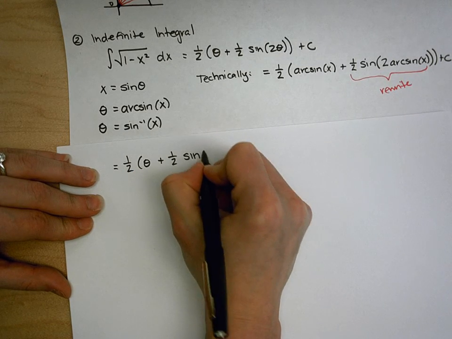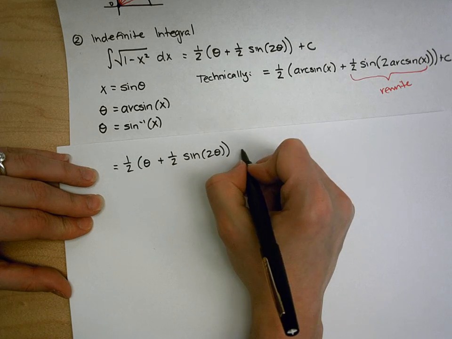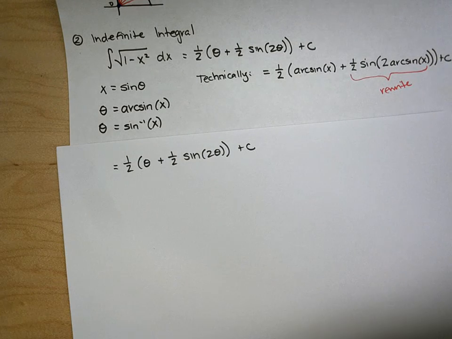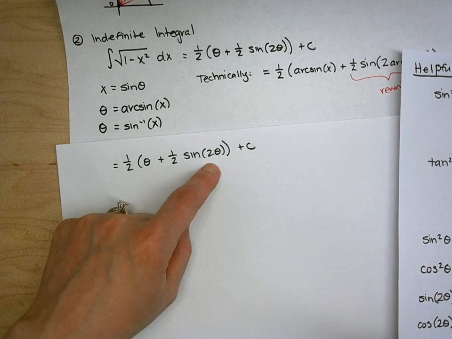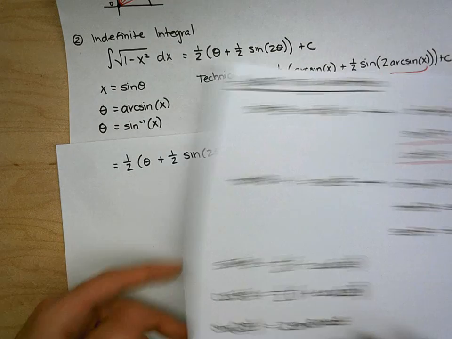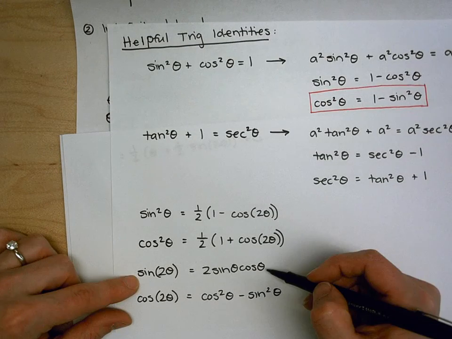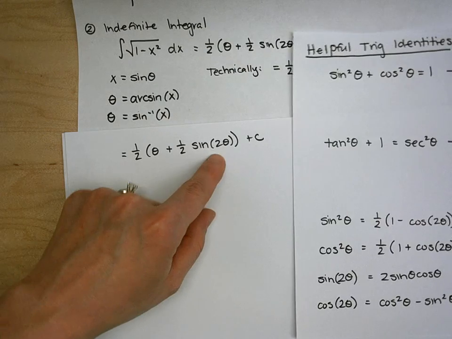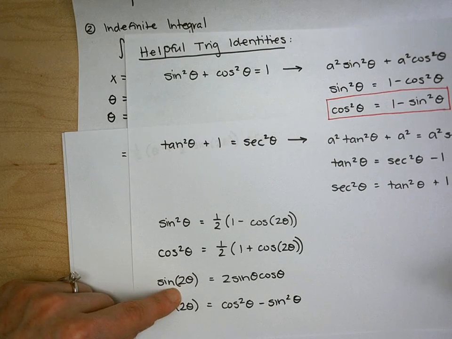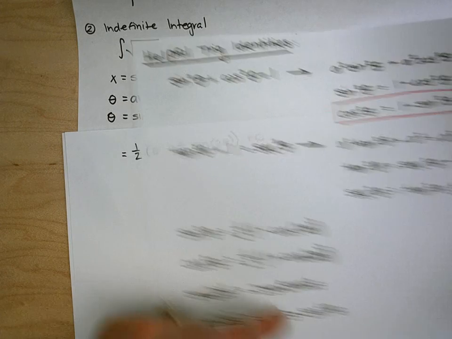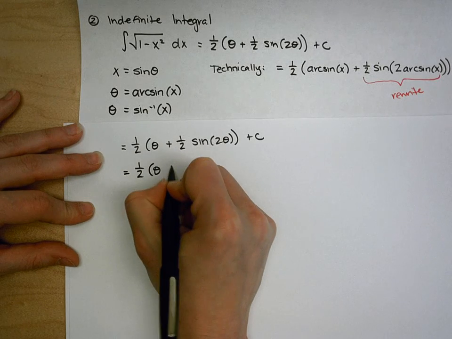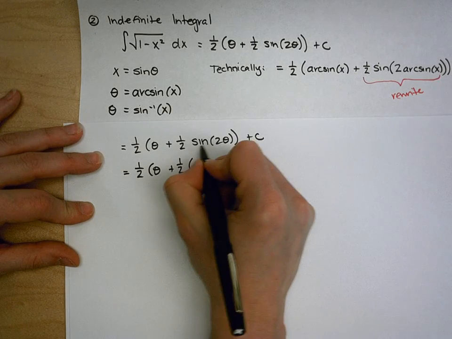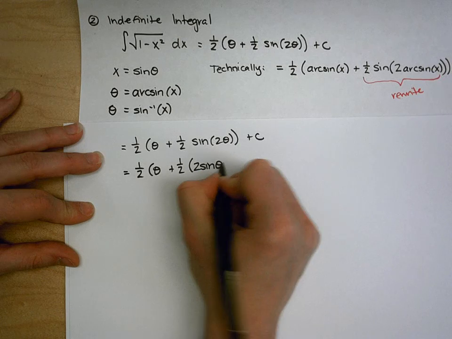Now the first thing we're actually going to do is use, I know, another trig identity, because it's hard for me to think about this double angle. It'd be easier if I had it in terms of just theta. So here's another trig identity that's somewhat helpful. I have a sine of 2 theta here, and sine of 2 theta is 2 sine theta cosine theta. So let's rewrite it as that. I have 1/2, and again, sine 2 theta is 2 sine theta cosine theta.